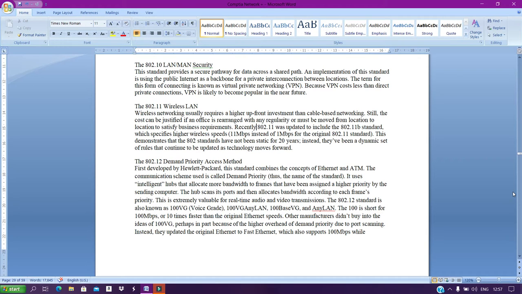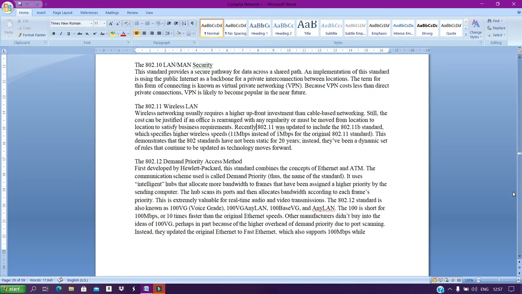The 802.12 demand priority access method, first developed by Hewlett-Packard. This standard combines the concepts of Ethernet and ARCnet. The communication scheme used is called demand priority, thus the name of the standard.